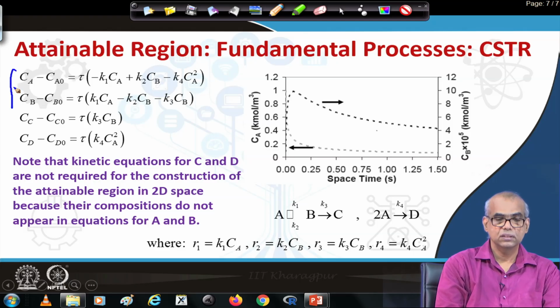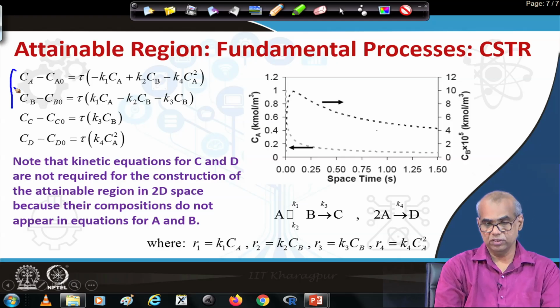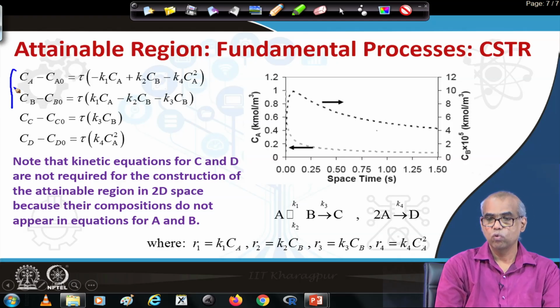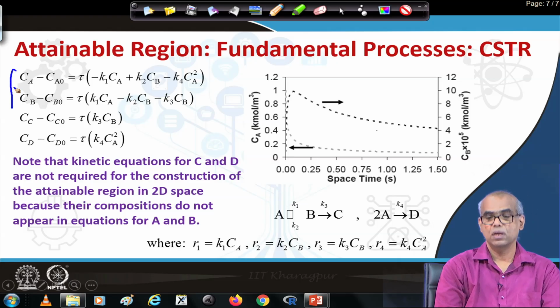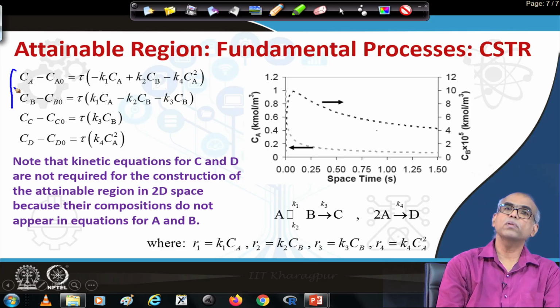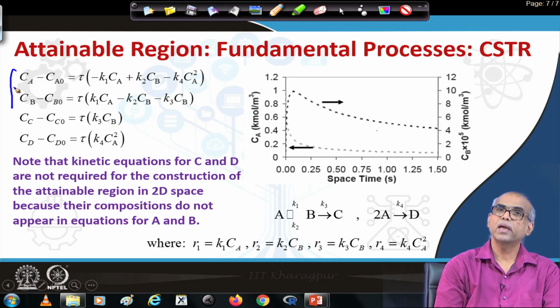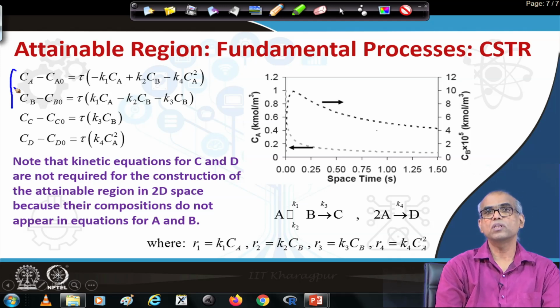Note that these are algebraic equations, whereas we solved differential equations in the case of the plug flow reactor. And when we solve the differential equations, we get continuous solutions of concentrations with respect to space time.